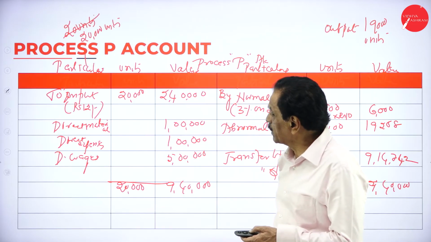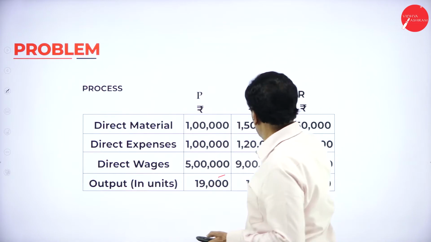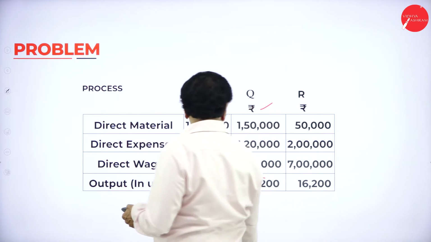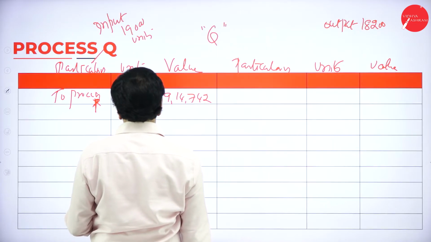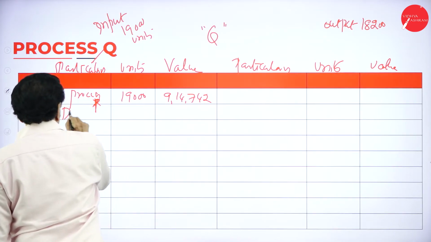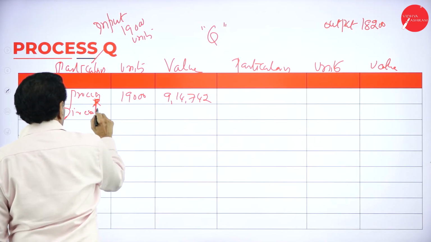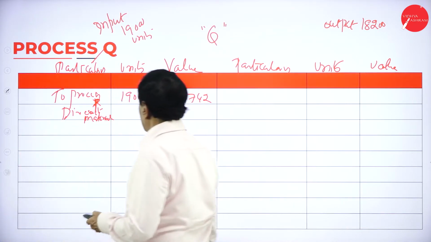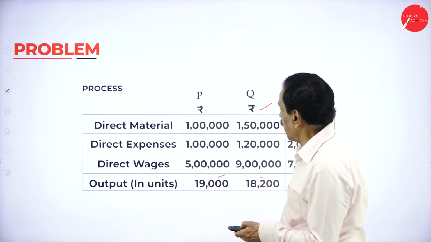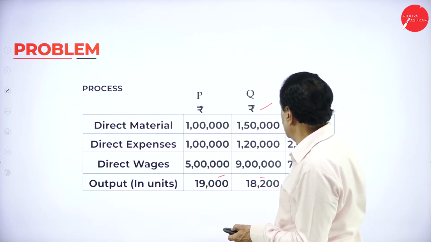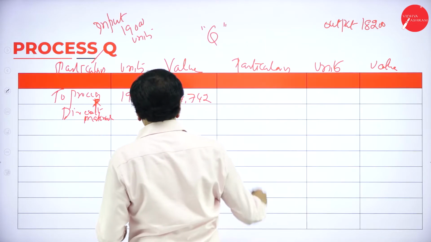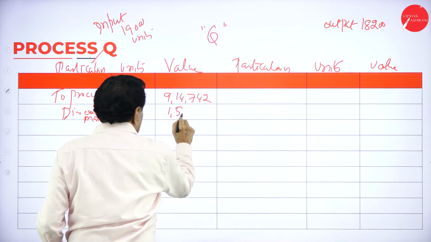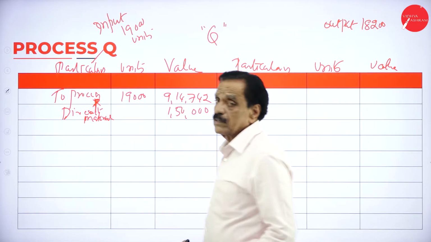So what are the expenditures? See that. You come back here. Direct material 1,50,000. Transfer entry.